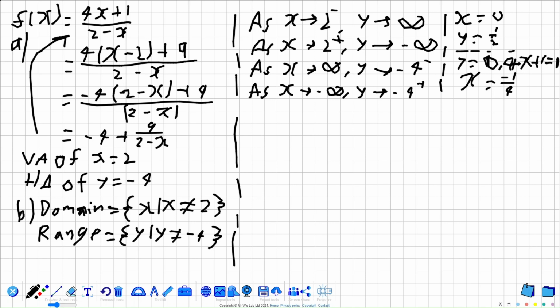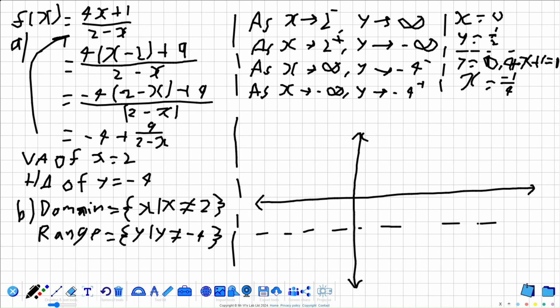So then what we can do is give ourselves quite a bit of space, draw this graph with arrows, and then we can draw the horizontal asymptote there, which is y equals -4, and the vertical asymptote, x equals 2.